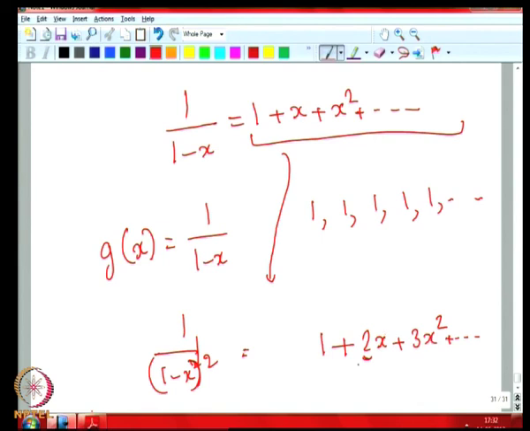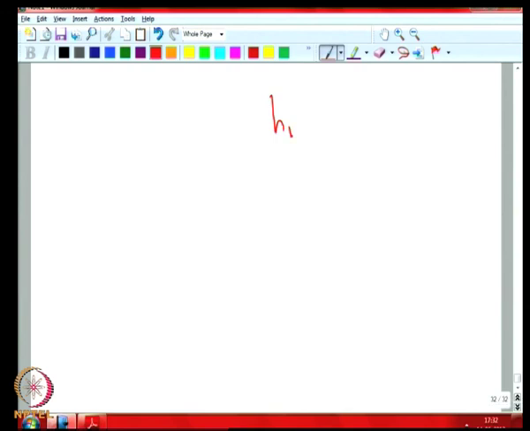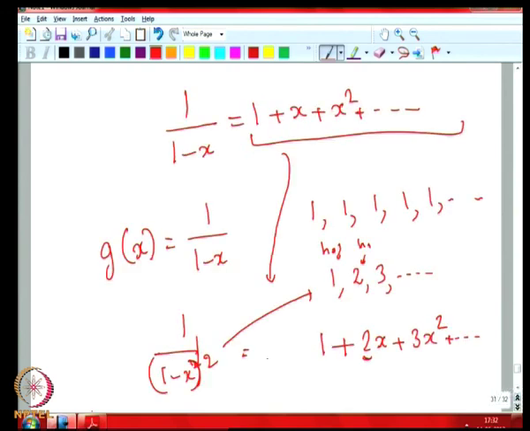So this is the generating function of the sequence 1, 2, 3 and so on. So h0 is equal to 1, h1 equal to 2 and h2 is equal to 3, that means the sequence hn equal to n plus 1.